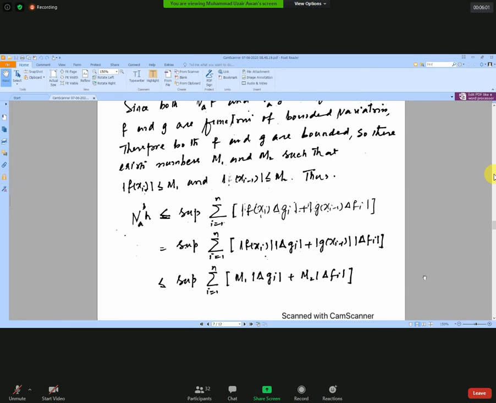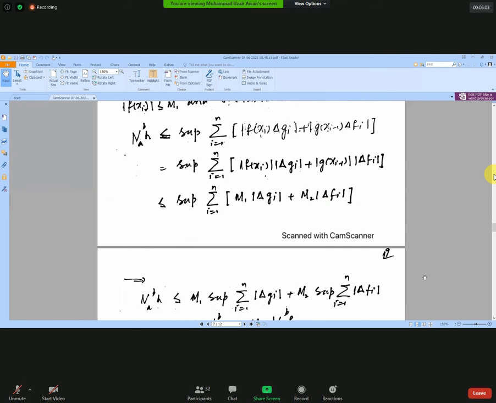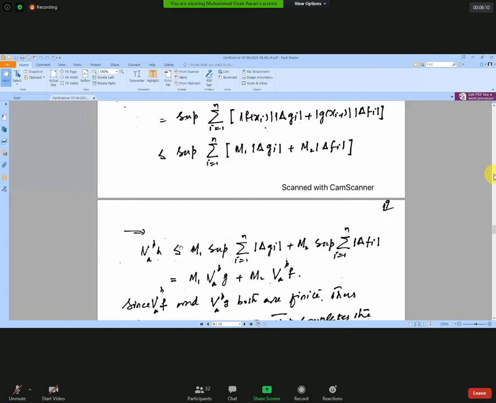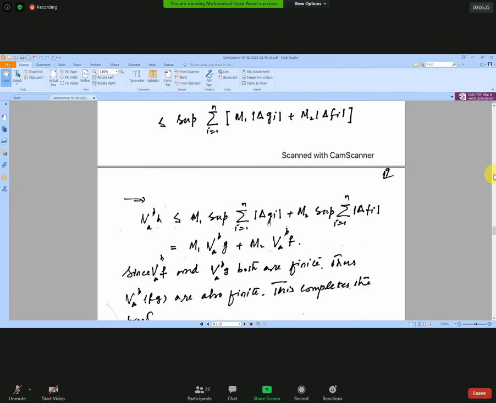Now we know that supremum of f plus g is less or equal to supremum of f plus supremum of g. So that is less or equal to m1 supremum of summation i equals 1 to n del gi plus m2 supremum of summation i equals 1 to n del fi. Now this is the total variation of g and this is total variation of f.